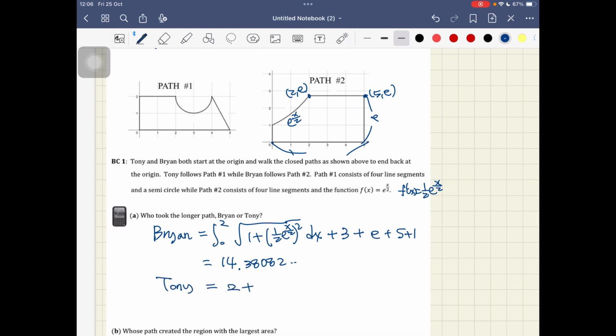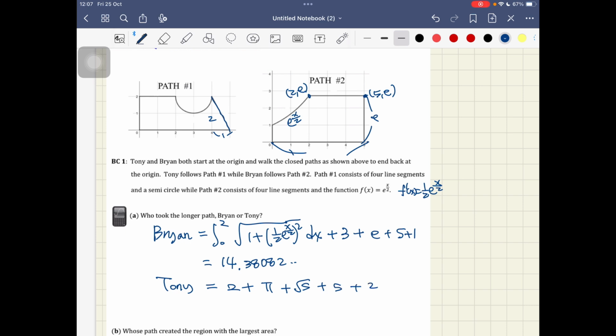And Tony. 2 plus, this is a semicircle circumference and the radius is 1. So 2 pi r over 2, which is pi r, which is pi, plus this is 1 and 2, which by the Pythagorean theorem is the square root of 5, plus 5 plus 2.